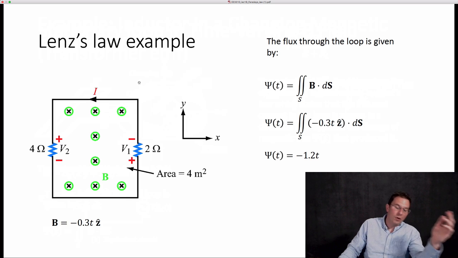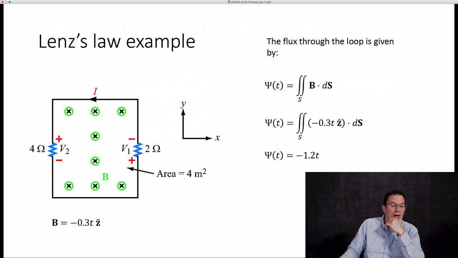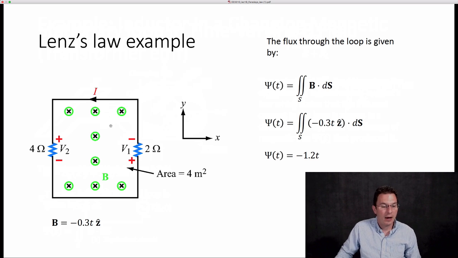What we would like to know is what is the voltage that develops around the loop, or equivalently, what are the voltages dropped across the 4 ohm resistor and across the 2 ohm resistor. In order to figure that out, we need Faraday's law specifically, but also Lenz's law.